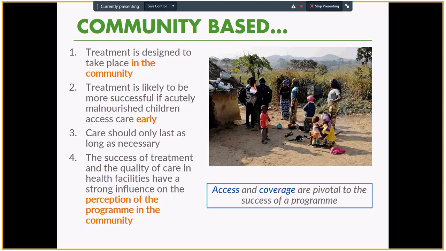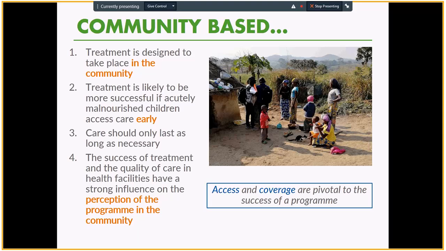But the other things to add, just in really small writing here, just to make it difficult for you, are that access and coverage are really pivotal to the success of the programme. Because it's so community-based, it's great that treatment can happen in communities, but the carers have got to come with the children to the treatment centre to get their treatment.